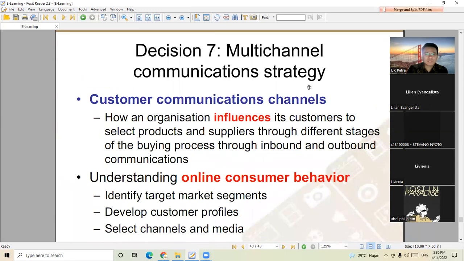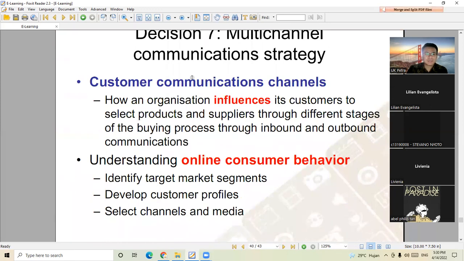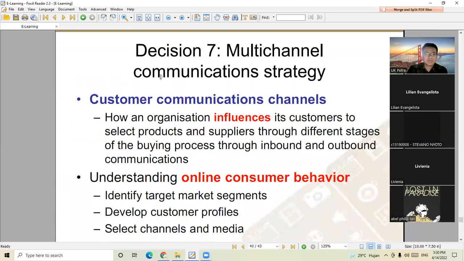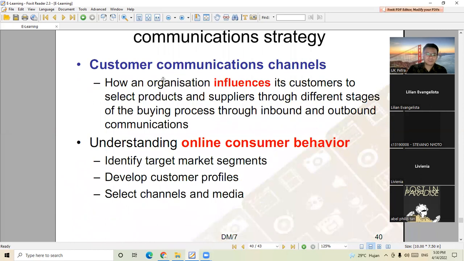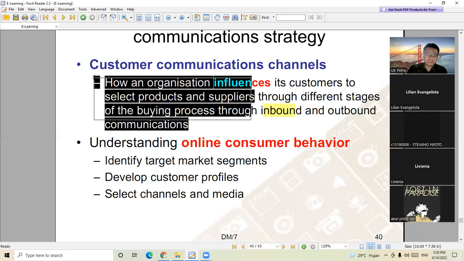Decision 7, multi-channel communication strategy. At this part, we are talking about the customer communication channel. It is actually how an organization can influence its customers in selecting their product and suppliers at different stages of the buying process through inbound and outbound communication.